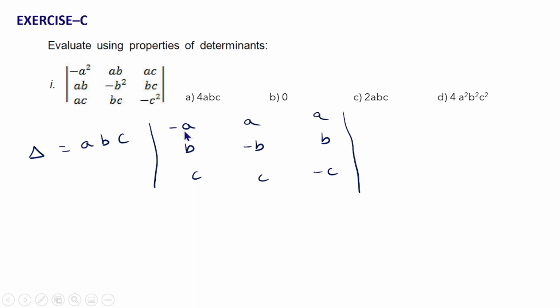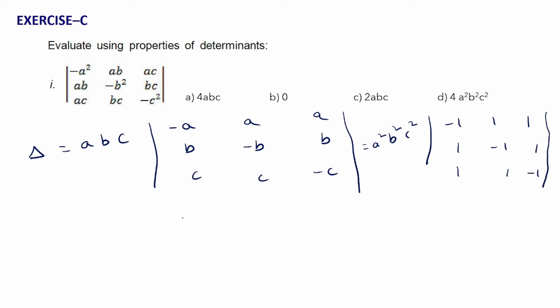Again we have a common in the first row, b common in the second row, and c common in the third row. So we can take a from the first row, b from the second row, and c from the third row. So this becomes a square, b square, c square into determinant of minus 1, 1, 1; 1, minus 1, 1; 1, 1, minus 1.